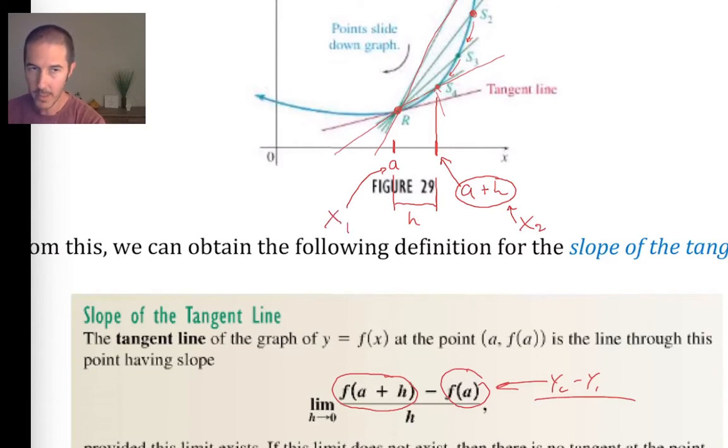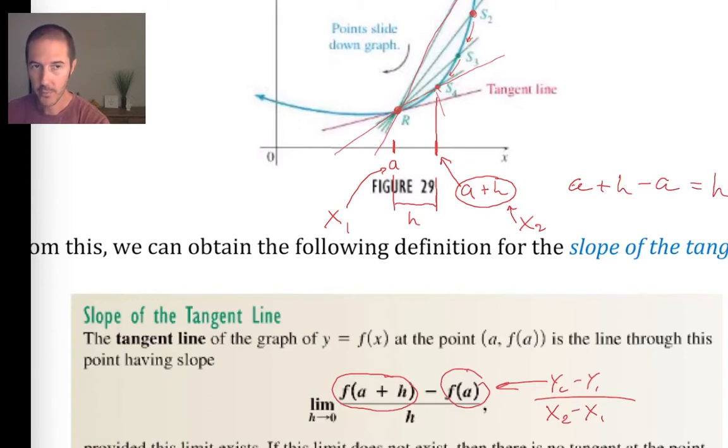In the denominator, toward the bottom of your screen, if we complete the idea of calculating slope by putting x2 minus x1 into the denominator, and then we look at these two x-coordinates we were just talking about, x2 is a plus h, and we subtract x1, which is lowercase a, this simplifies to just h.